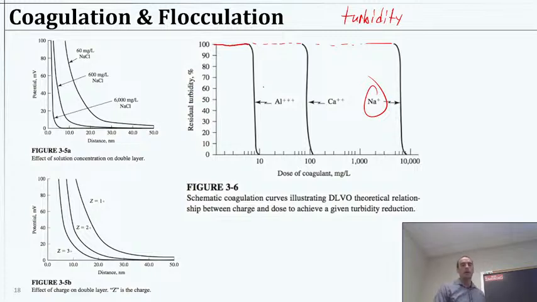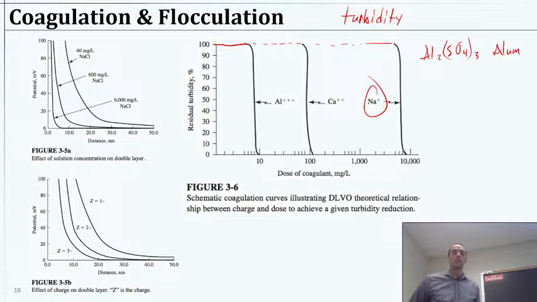Calcium is a decent option, and there are ways to remove it easier than sodium, but still we probably don't want to be adding that and adding the cost at that level to remove it. So aluminum is actually what we typically use, in the form of alum. So it'd be Al2(SO4)3.